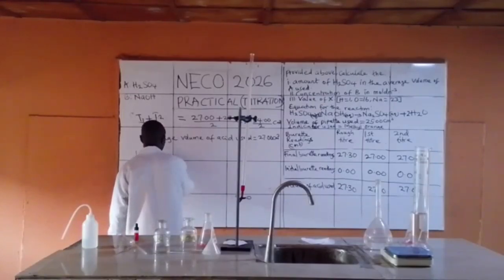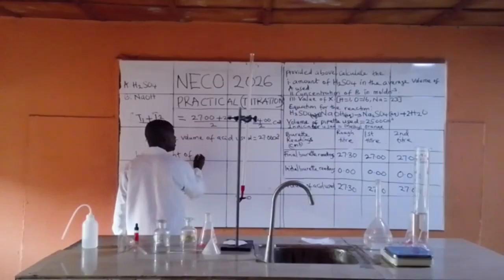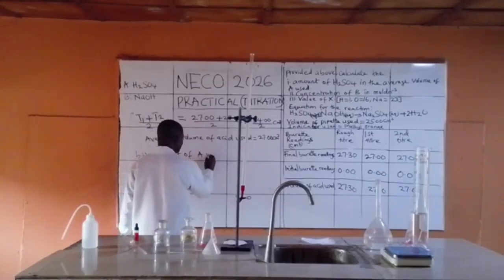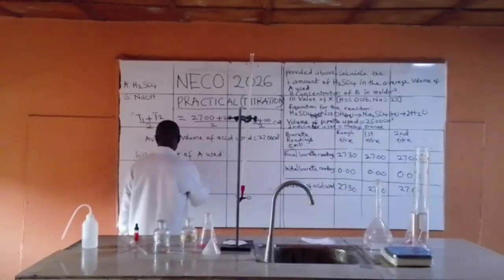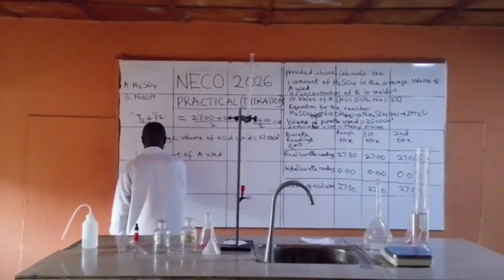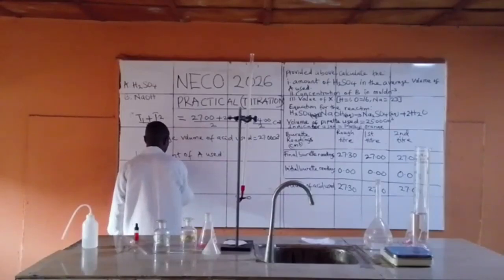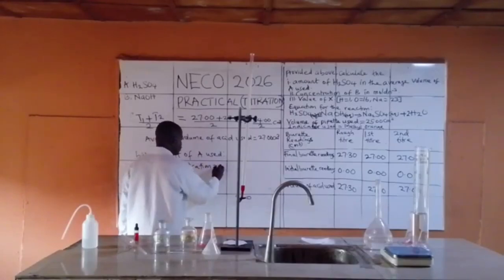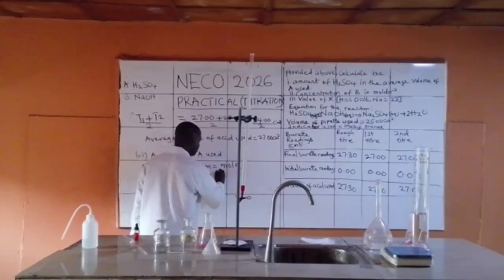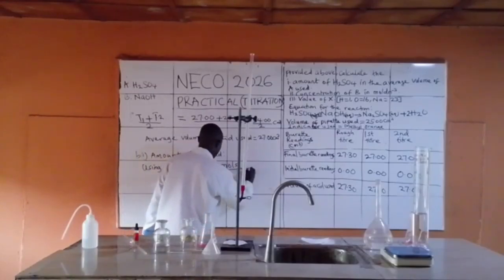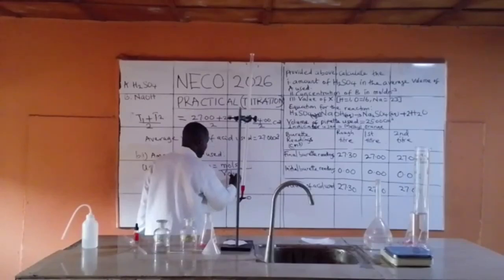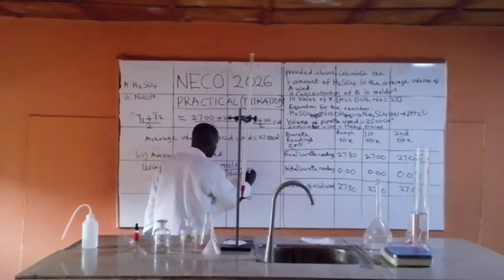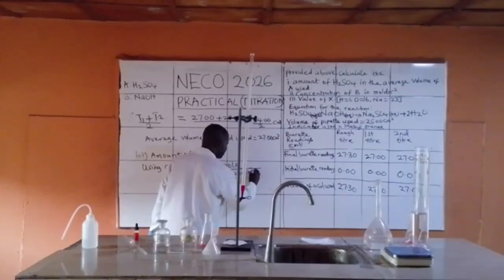Amount of A used can be calculated using the formula concentration is equals to mole over volume in dm cube.